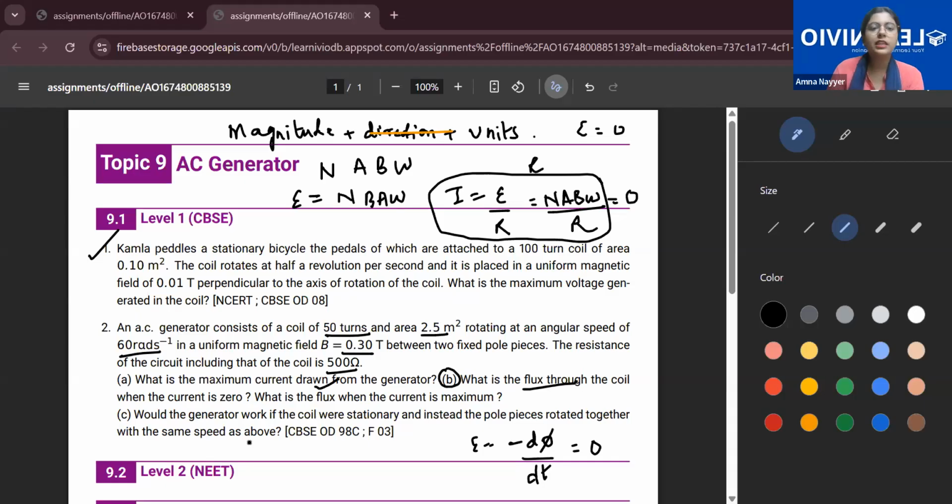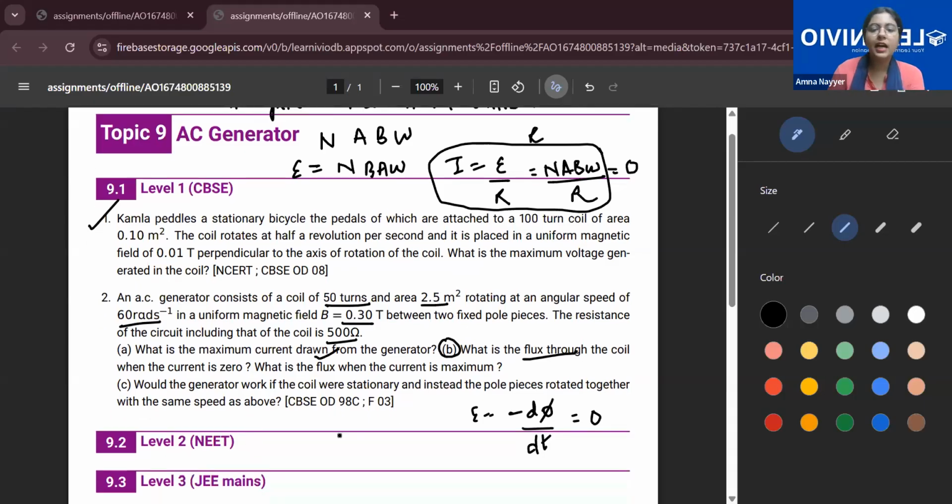Now see, NBA omega, our equation this time won't be zero. Whatever you get, NBA omega minus d phi over dt will give you the value of the flux from here. So EMF will be calculated from this. And it says what is the flux when the current is maximum?